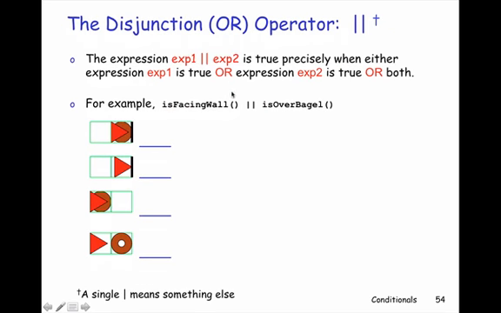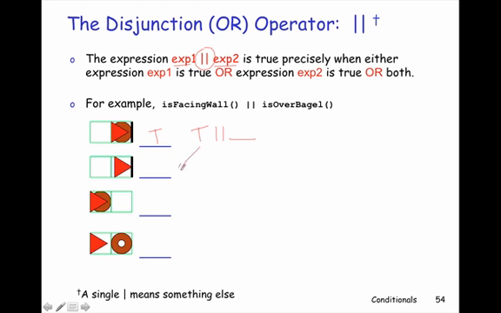And is not the only way to combine two Boolean expressions. Another way to combine them is via OR, which is written as two vertical bars and pronounced expression 1 or expression 2. And this combination is true if either one or both of the sub-expressions is true. So let's consider our scenarios again. Here we have a bugle which is facing a wall, and since at least one of the expressions is true, it will definitely be true.